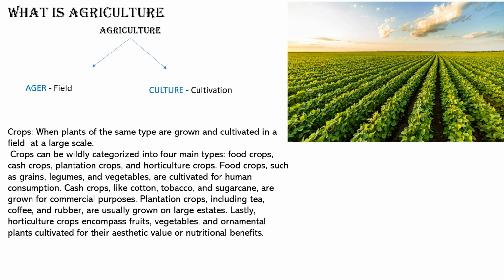Horticulture crops encompass fruits, vegetables, and ornamental plants cultivated for their aesthetic value or nutritional benefits. For this chapter, you are going to only learn about food crops, how to grow food crops, how to plow, and all of this stuff you will be learning in part 1 and part 2.